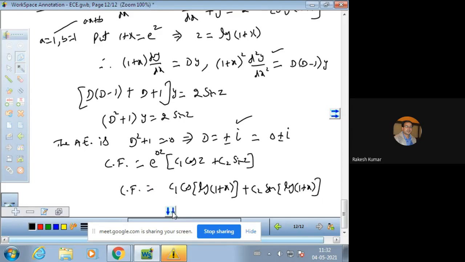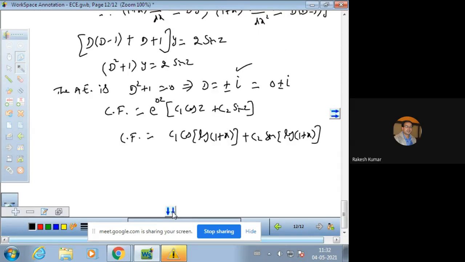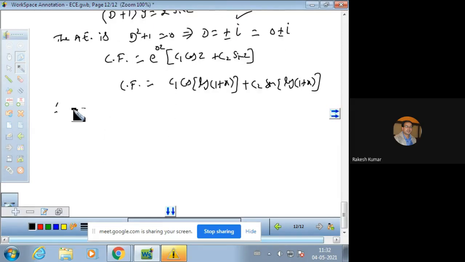Now you will be able to find out the particular integral, and for the particular integral that is 1 over D square plus 1 into 2 sine z. Now you know that this is a trigonometric term, sine or cosine, so here you will put D square equal to minus a square.